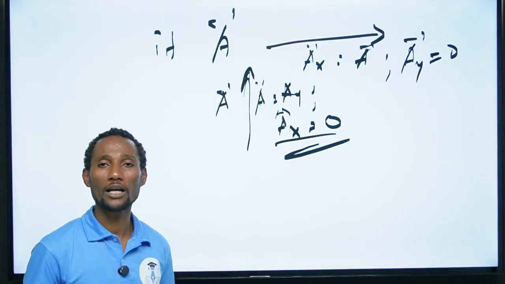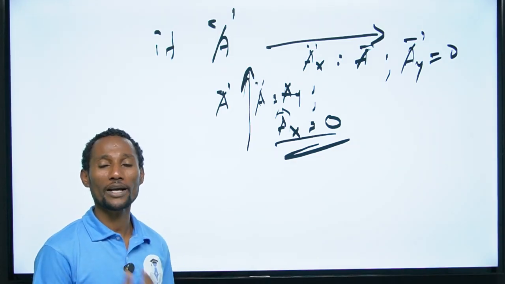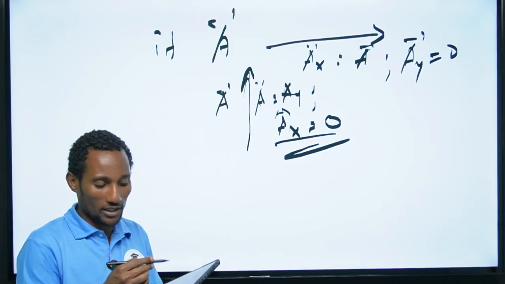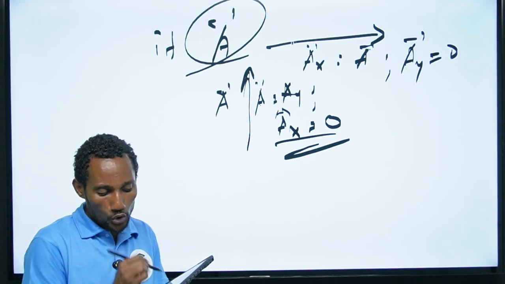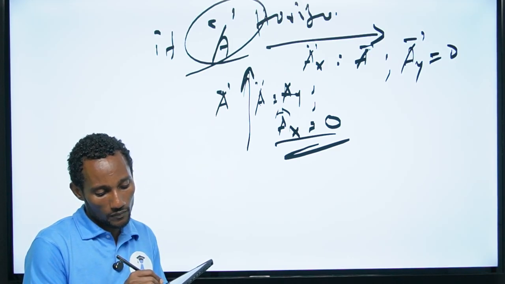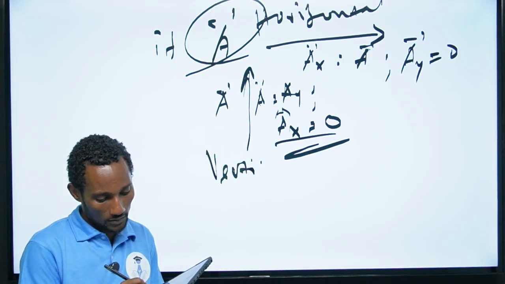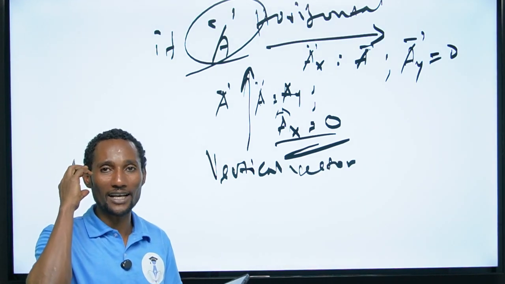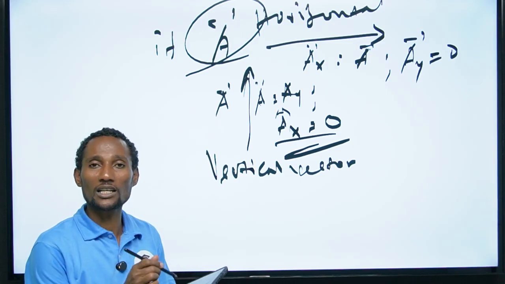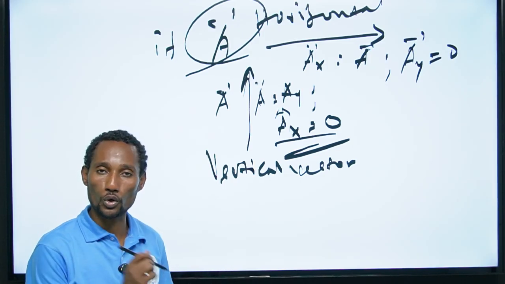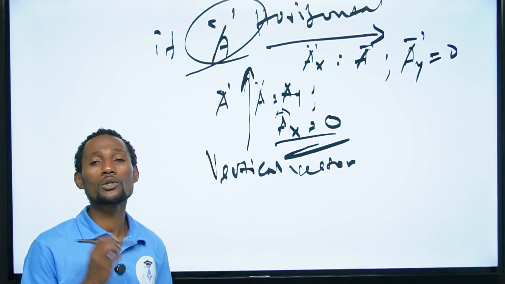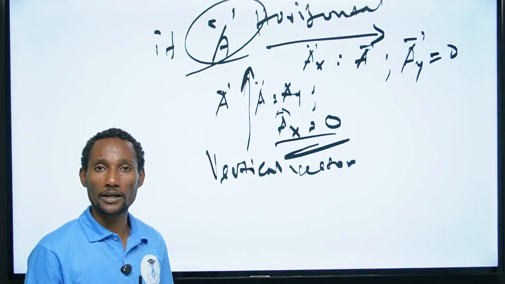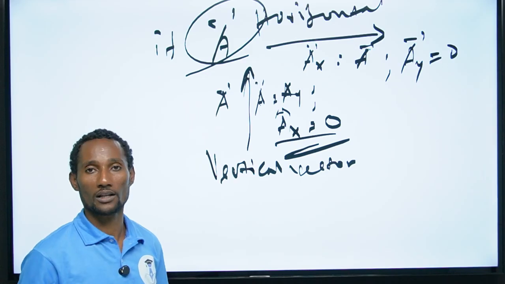So in this way, you can understand how to resolve a vector. A given vector A found only on the horizontal, or only on the vertical, exists only on the x-axis for the horizontal and only on the y-axis for the vertical. In the horizontal vector there is no y component, and in the vertical vector there is no x component.